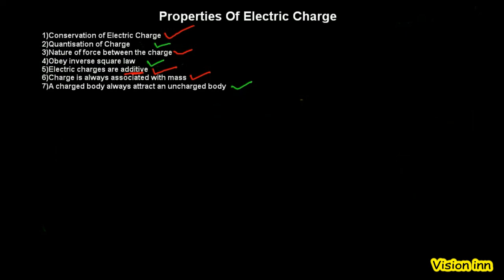With this I'll move on to the next property, which I did not mention over here. That is, there are two identical bodies A and B, and they have charges Q1 and Q2.